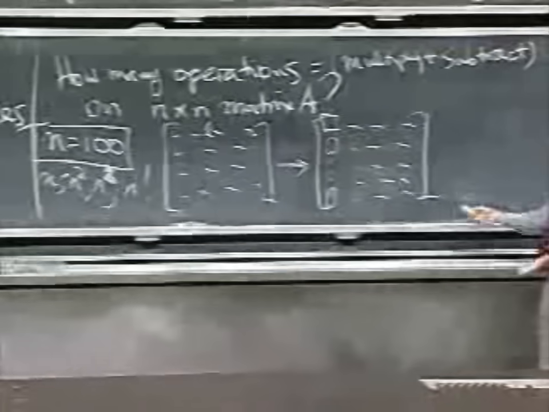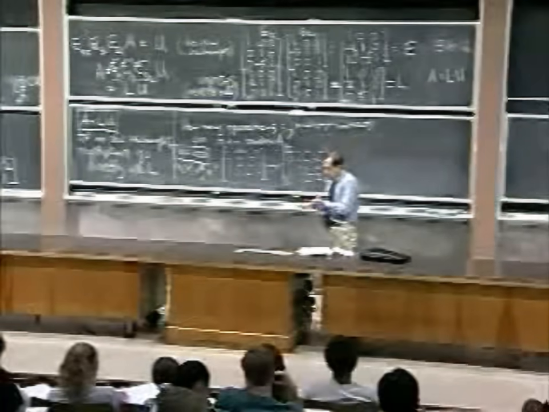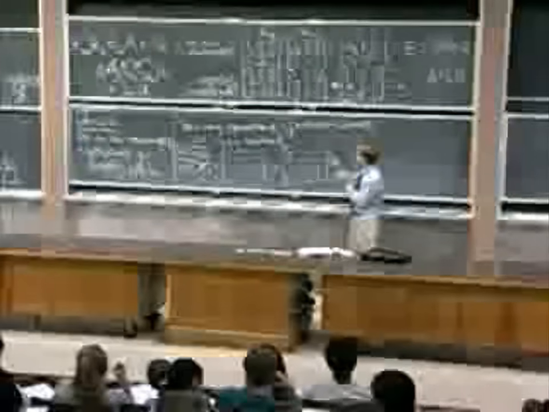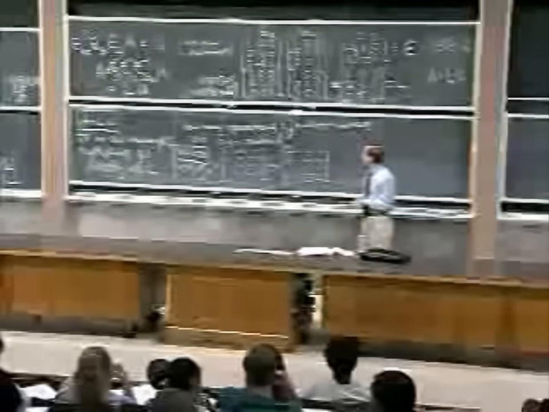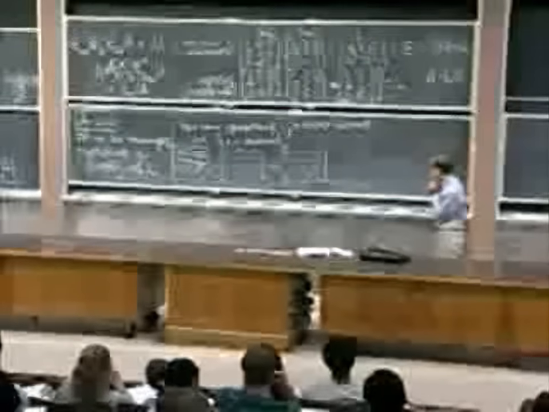So if I count those together, my answer is going to come out half as many as if I count them separately. I have a certain number of multiplies, a certain number of subtracts. That's really what I want to do. Okay, how many have I got here?